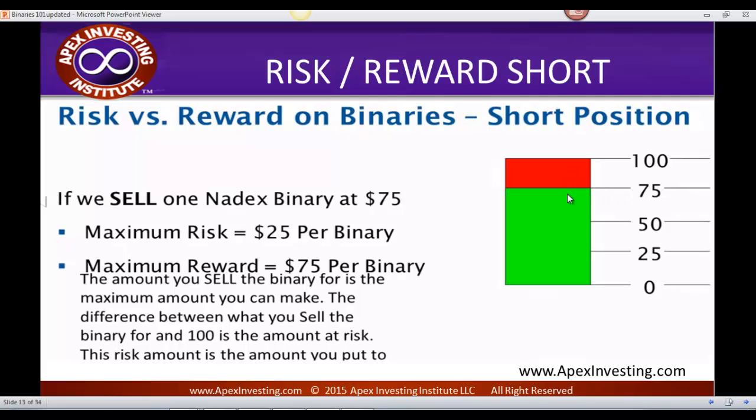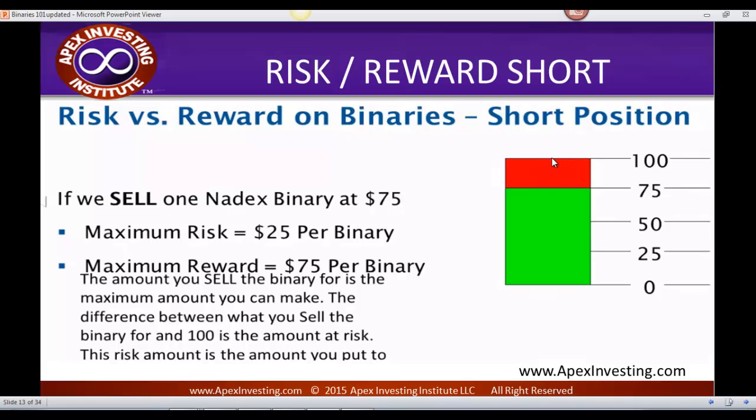So right here, if I'm selling a binary for $75 and it goes against me, all I can lose is the difference from 75 to 100. So 25. I'm sorry, I think I confused you there and said that backwards. If I'm selling it for 75, my max risk is 25, and my max reward is 75.